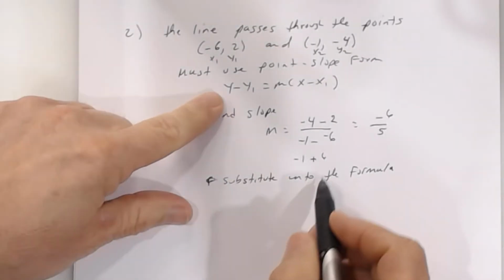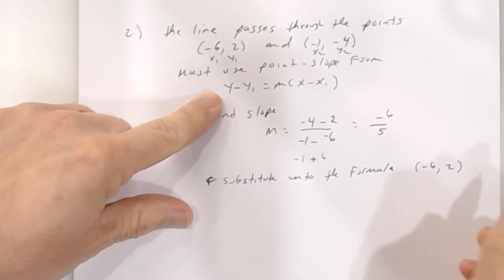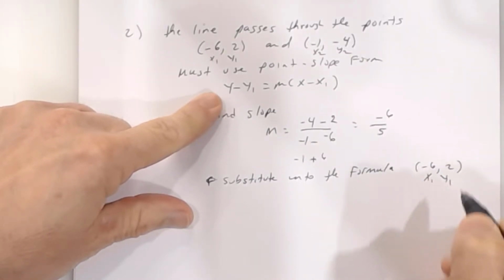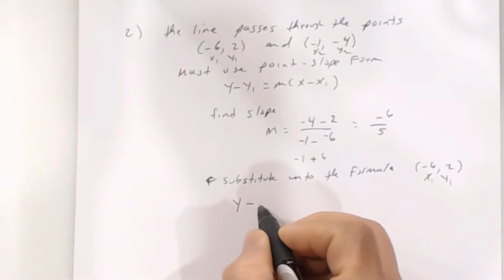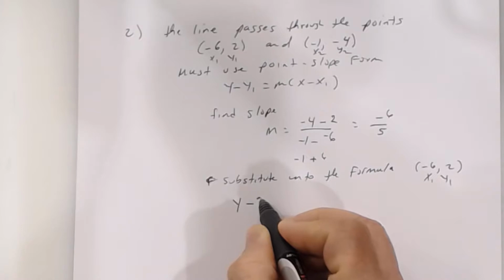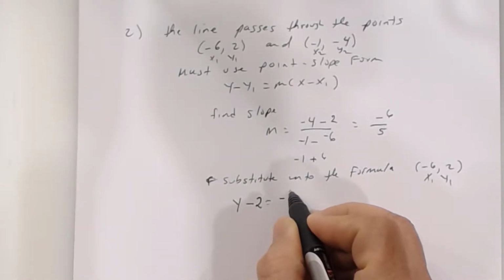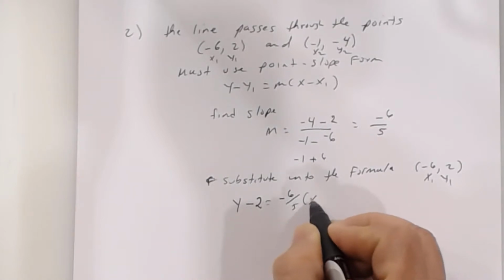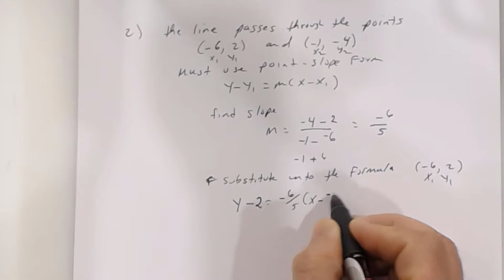Remember, we're going to use this point, negative 6, 2. But again, it did not matter. So this is my x1, this is my y1. So y subtract y1, what's y1? 2 equals the slope, which is negative 6 fifths times x subtract x1, which is negative 6.